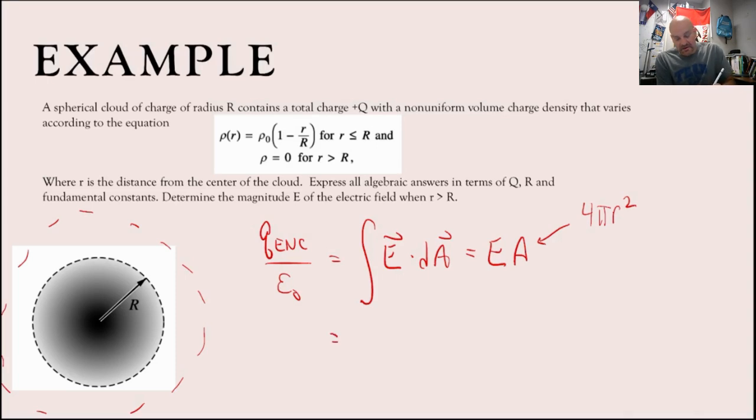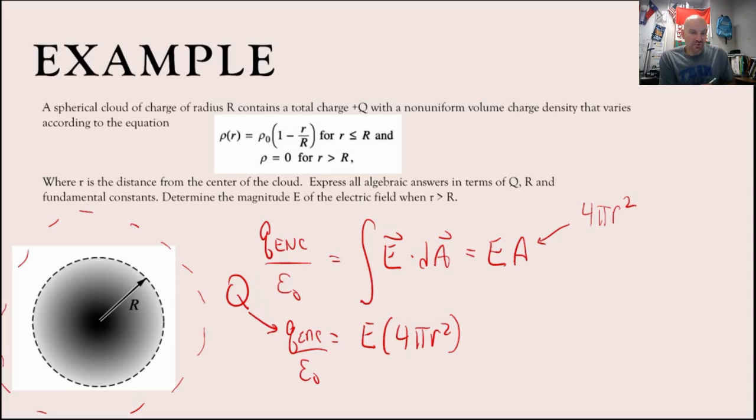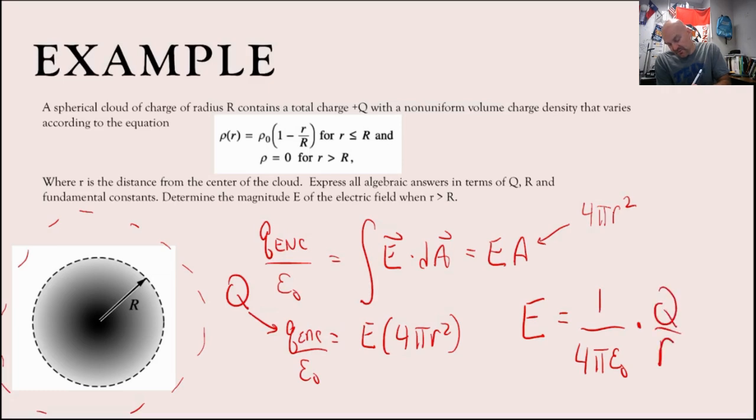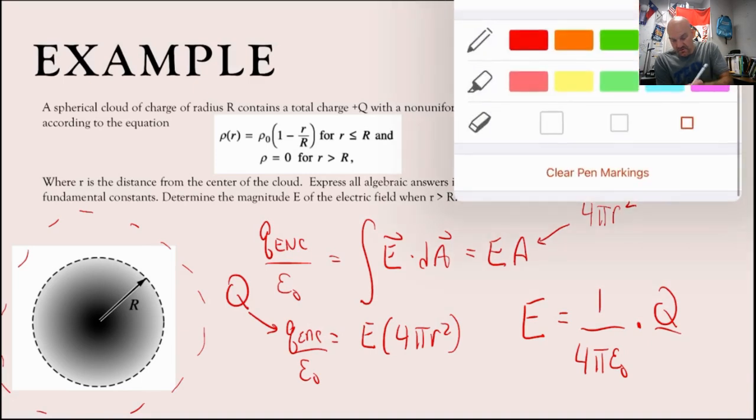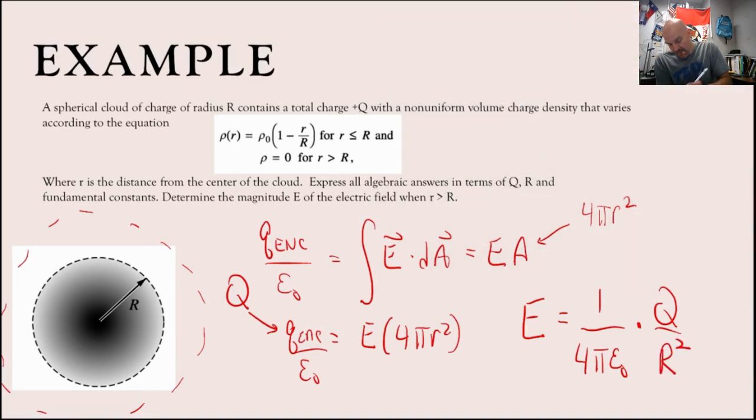And here's how easy this one is. E times 4 pi r squared equals Q enclosed over epsilon naught. Now the Q enclosed is big Q. Now we simply solve this for E, and you end up with 1 over 4 pi epsilon naught times Q over little r squared.